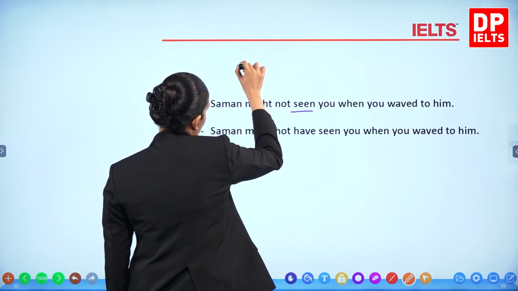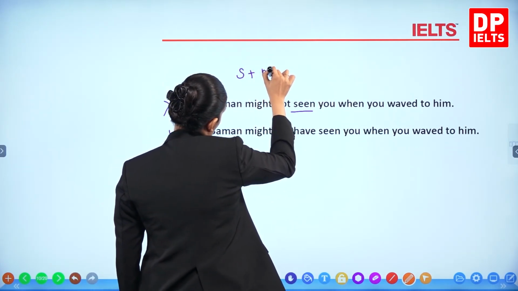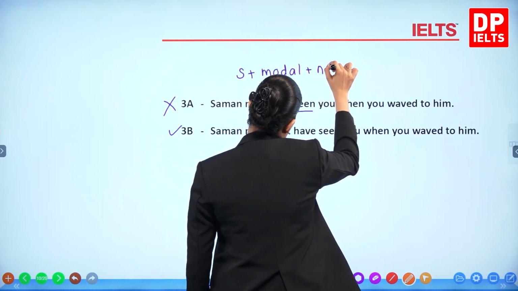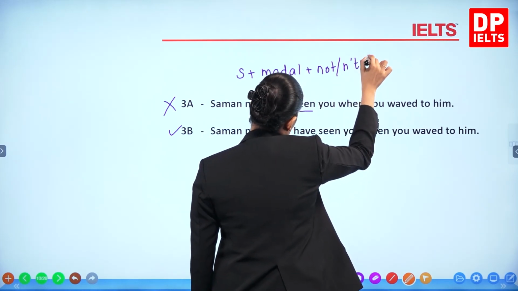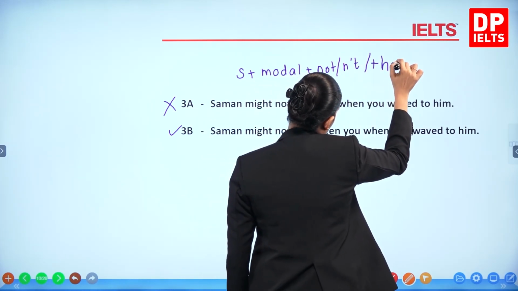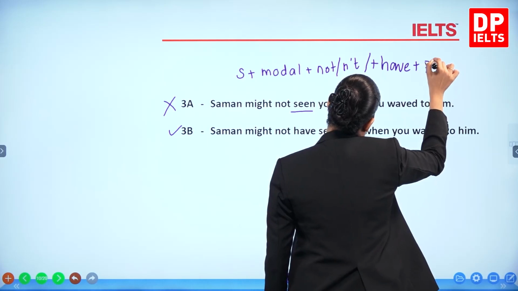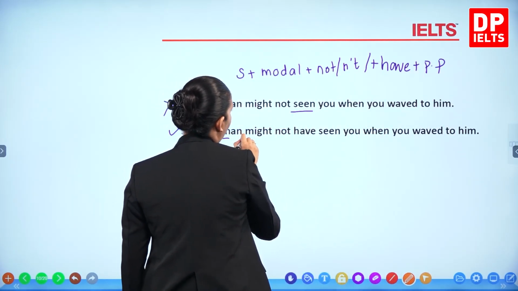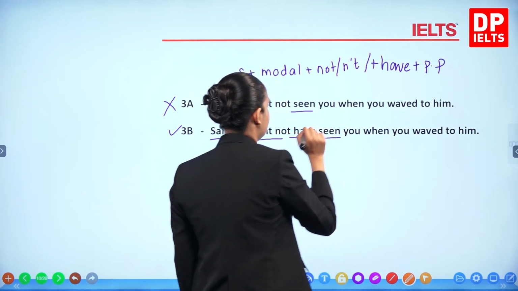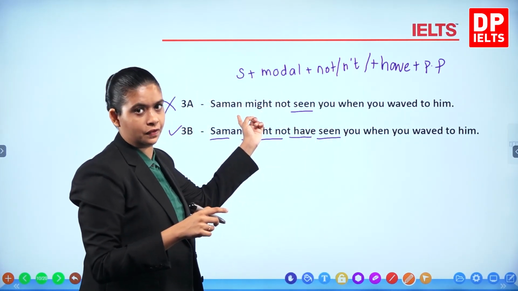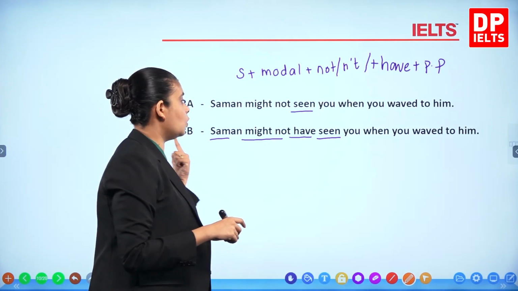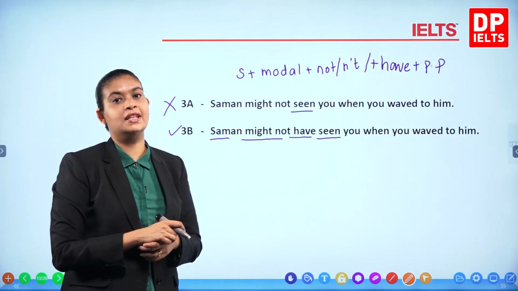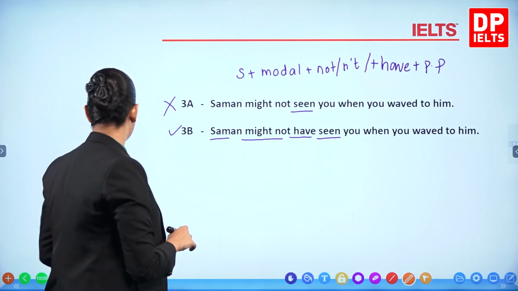So, of course you have the subject, you have the modal, you have the not, plus have plus the past participle. So, someone might not have seen you. The have is missing in the first one. So, therefore, the first one is wrong and the second one is correct. Okay?